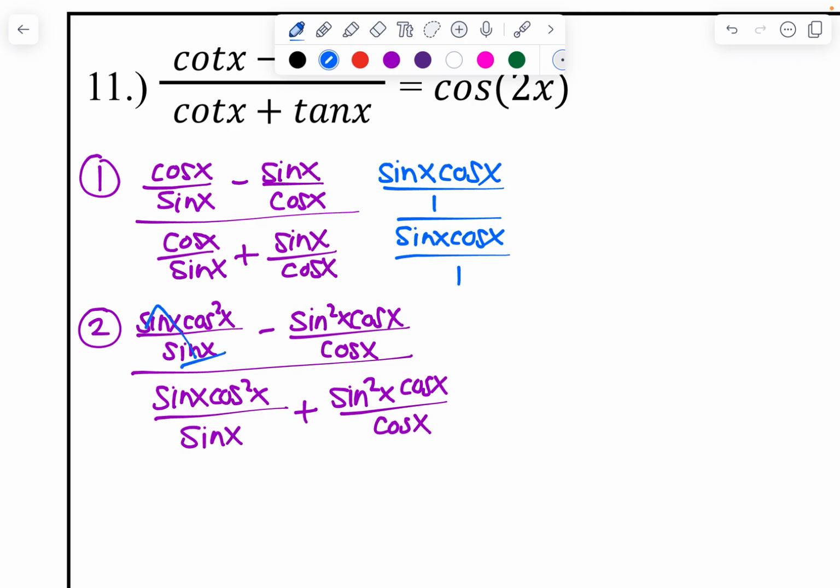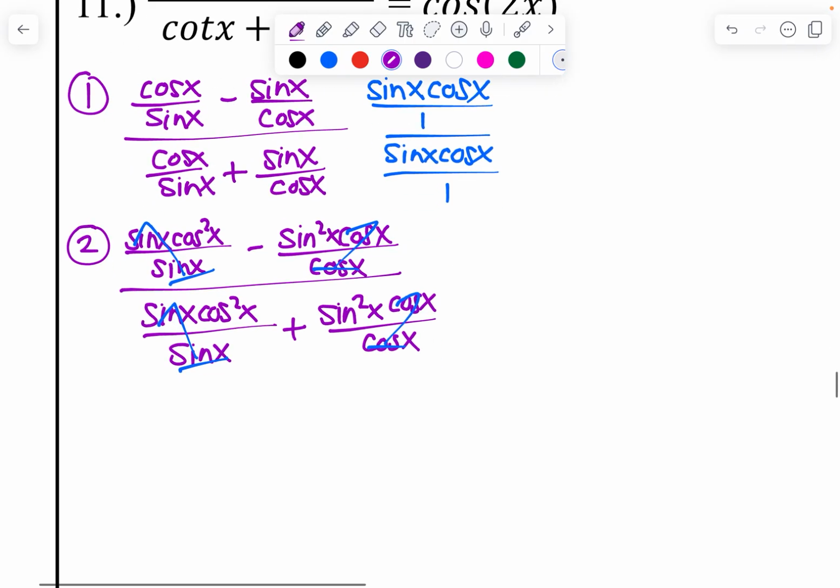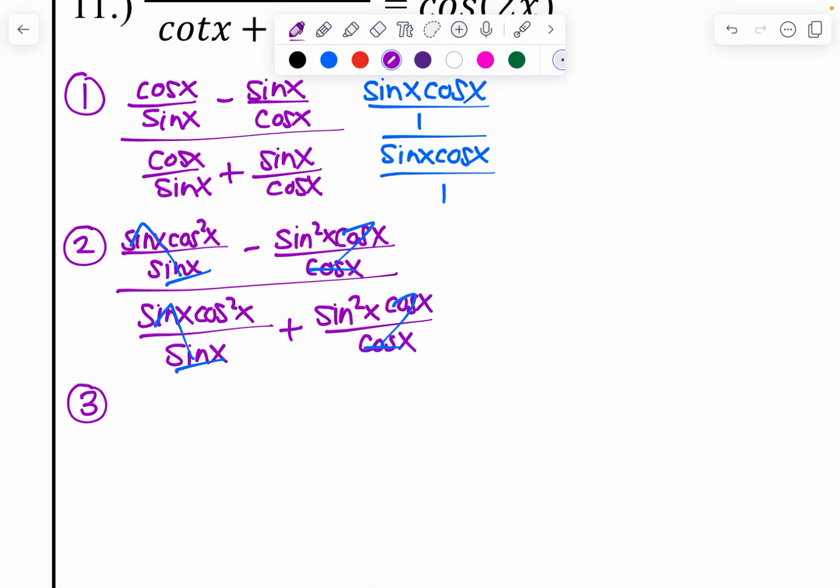So here the sines divide out, here the cosines divide out, sines divide out here, cosines divide out here. So that we have cosine squared x minus sine squared x over cosine squared x plus sine squared x.